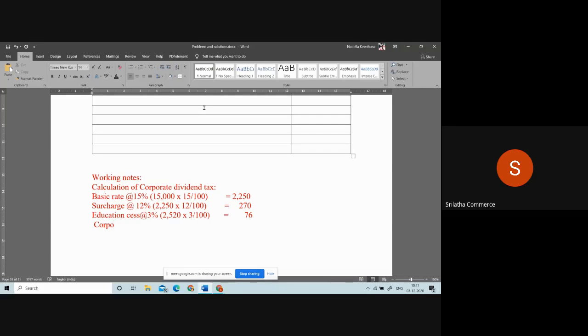Corporate dividend tax is equal to, tell me the total. 2,596.